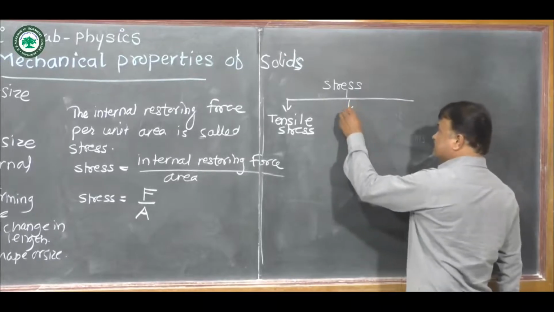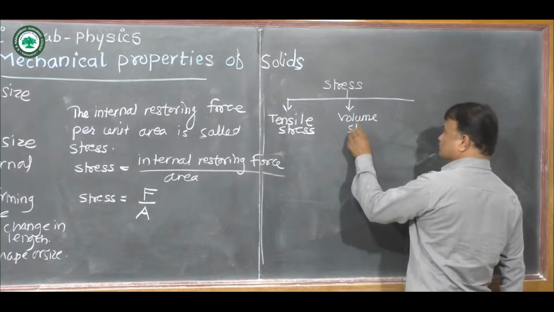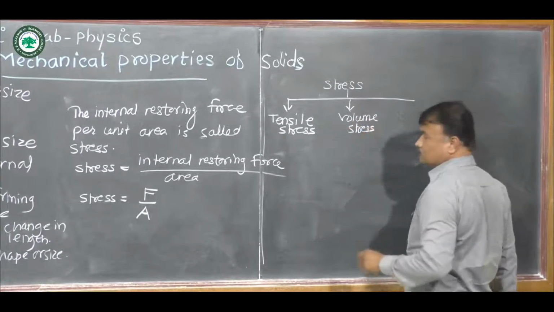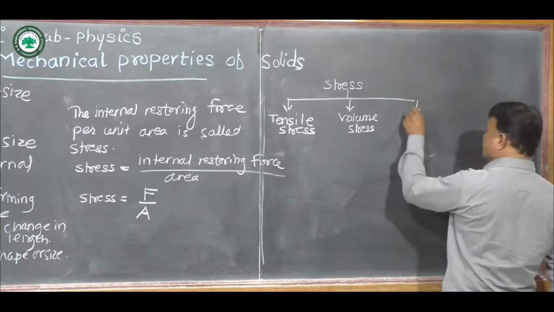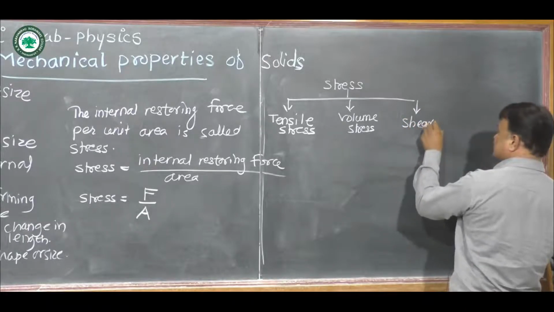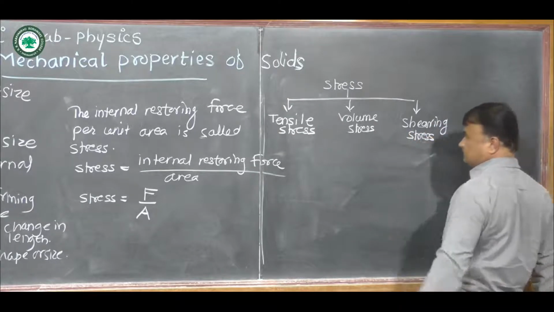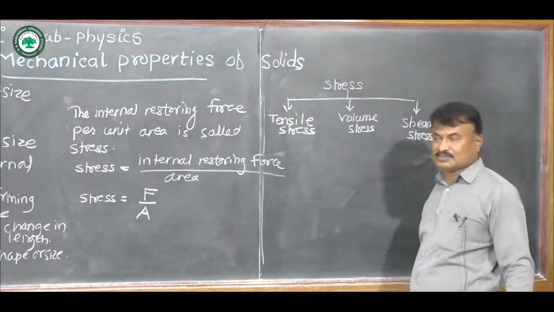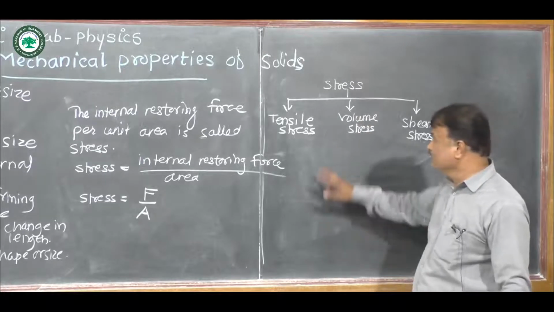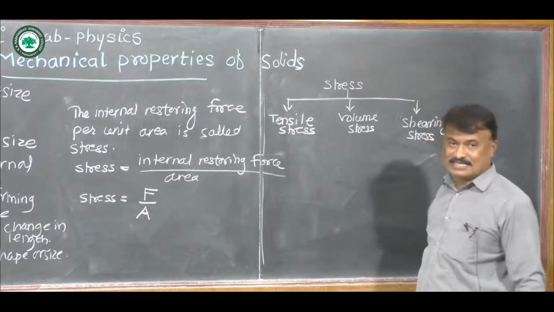Second type of stress is volume stress. And third type of stress is shearing stress. There are three types of stress: tensile stress, volume stress, and shearing stress.